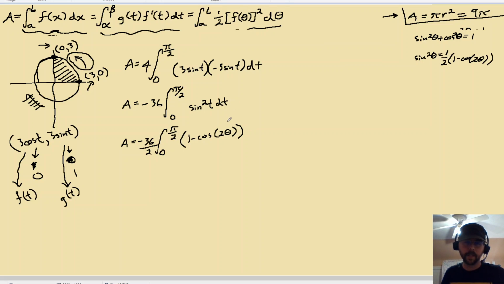And that's not supposed to be a theta, that's supposed to be a t because I didn't switch the variables. And this is dt. Okay.